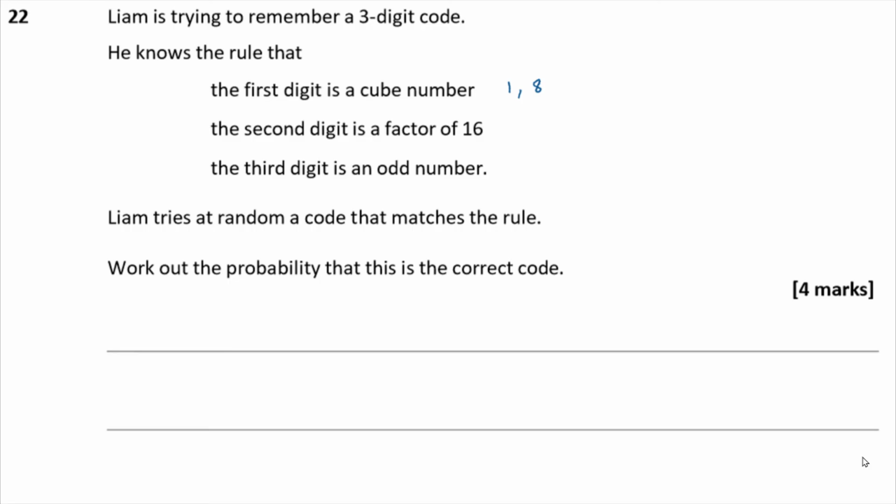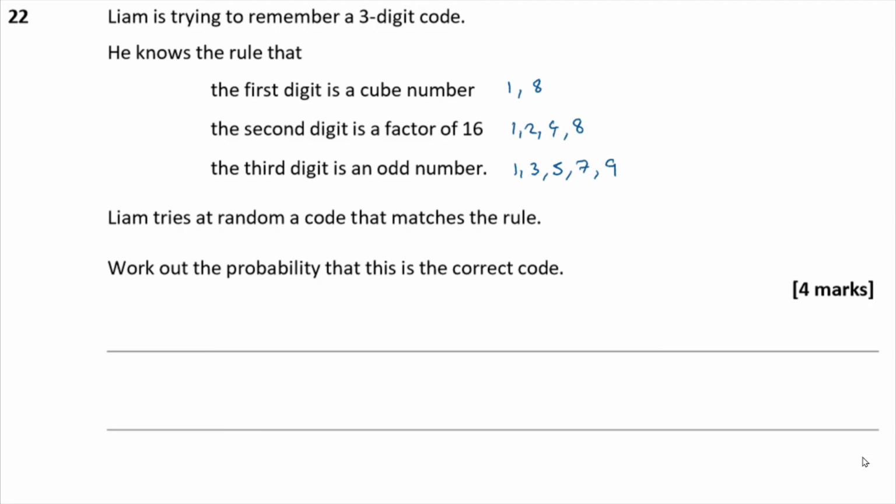Okay, the second digit is a factor of 16. So numbers that are factors of 16 are 1, 2, 4, 8, and that's it, isn't it? All the other ones are not 1-digit numbers either. So it's 1, 2, 4, and 8. And then the third digit is an odd number. So odd numbers 1, 3, 5, 7, and 9.